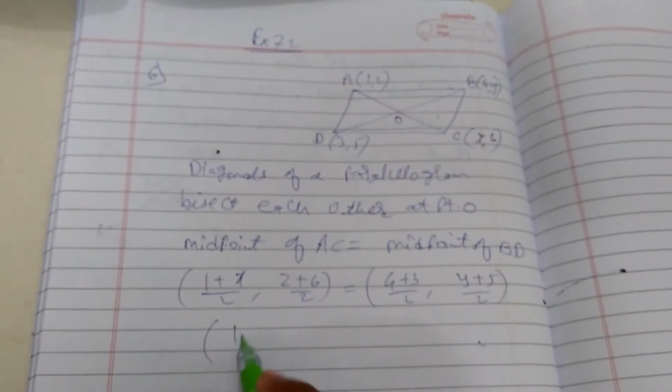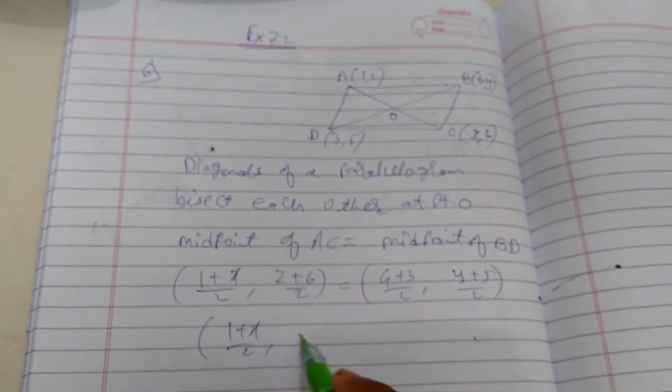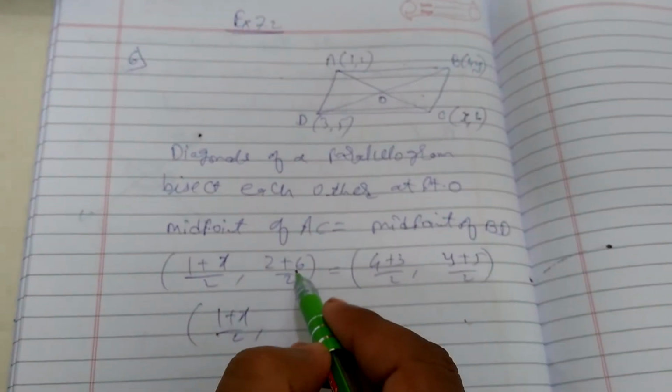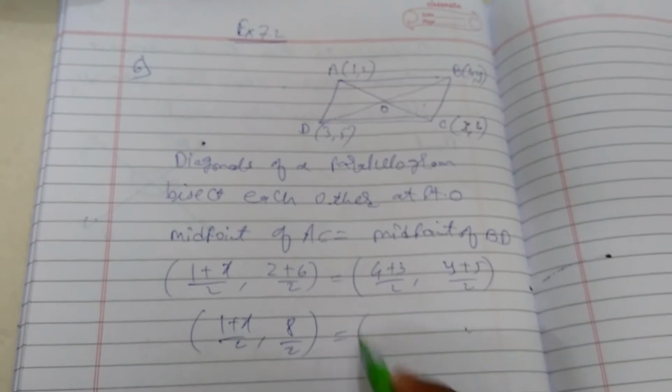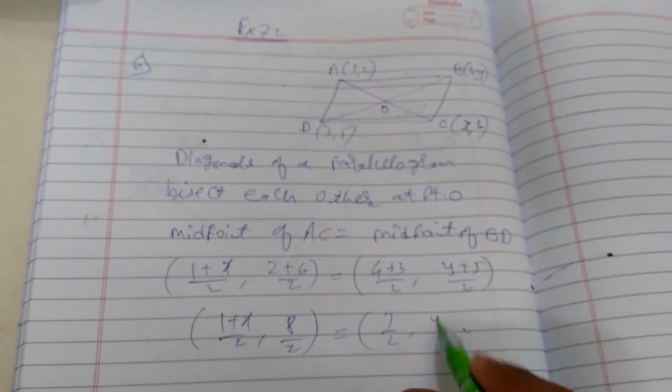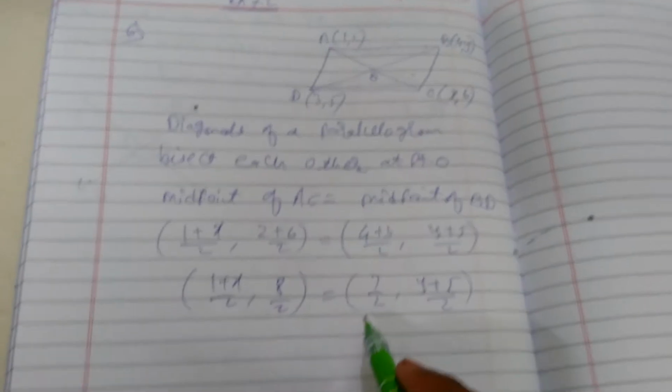Now we solve it. (1 plus x) upon 2, here 2 plus 6 means 8 upon 2, and this side 7 upon 2, here (y plus 5) upon 2.